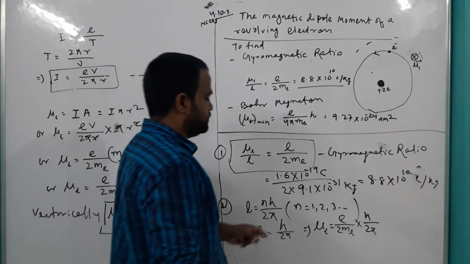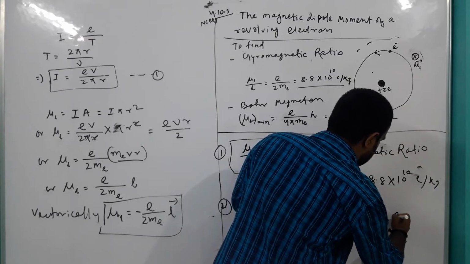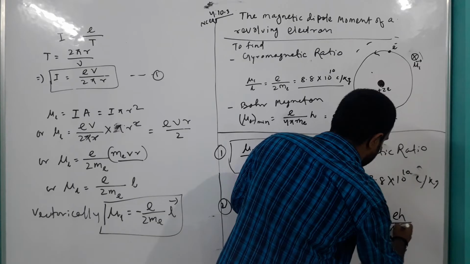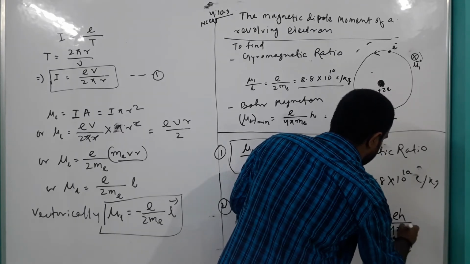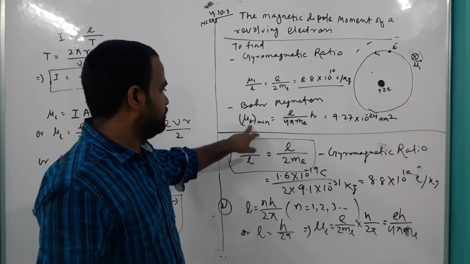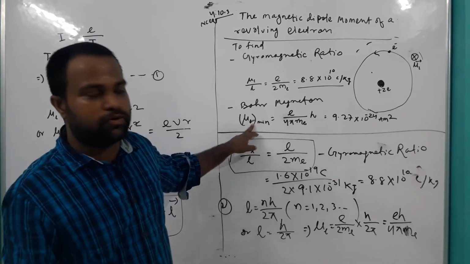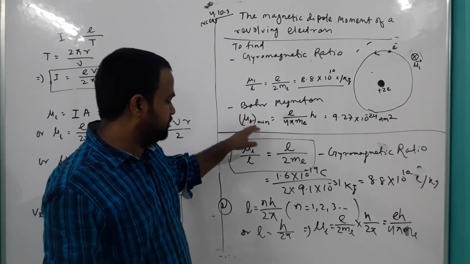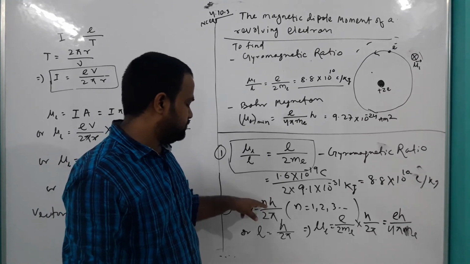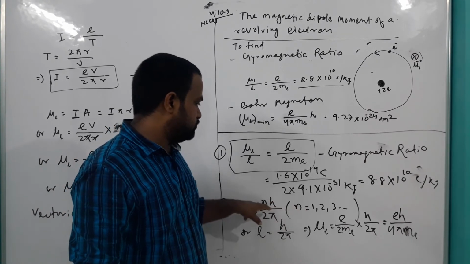So the expression becomes mu L is equal to eh by 4 pi me. This is your mu L minimum. This is called your Bohr Magneton. Minimum means we have taken the first orbit, n is equal to 1.